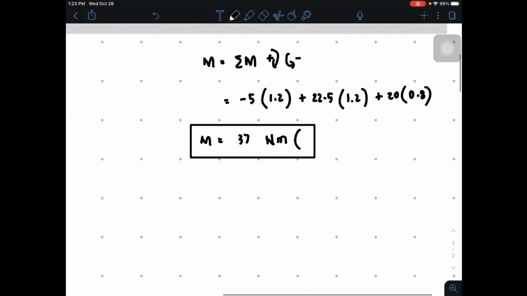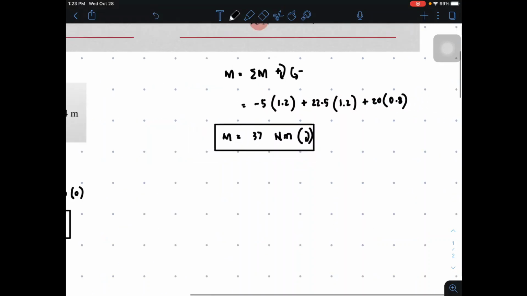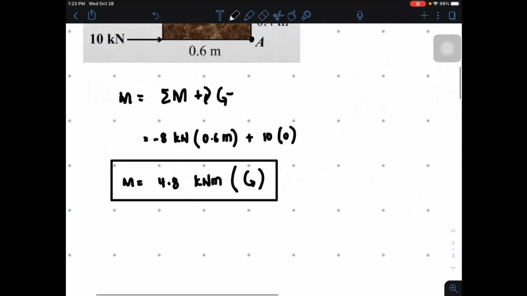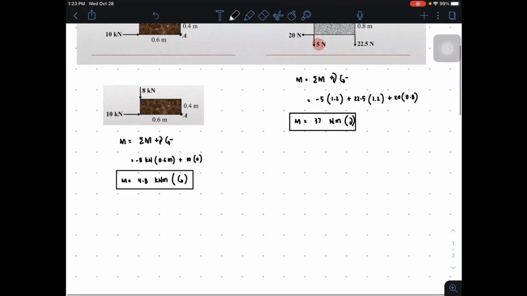And we have a rotation clockwise because the answer is positive. Again here, this is negative because it is counterclockwise. So that's it.